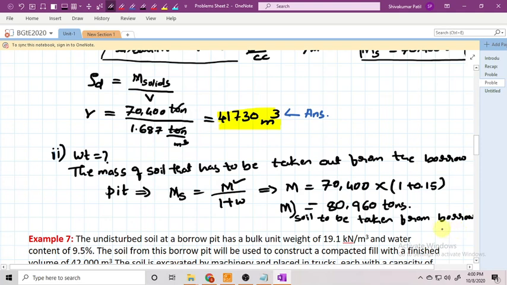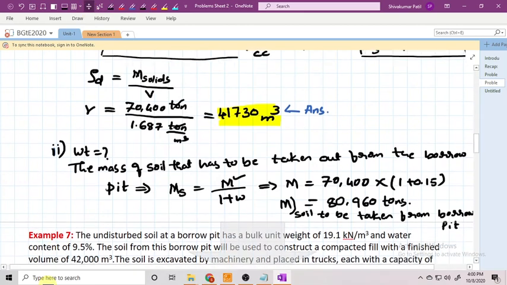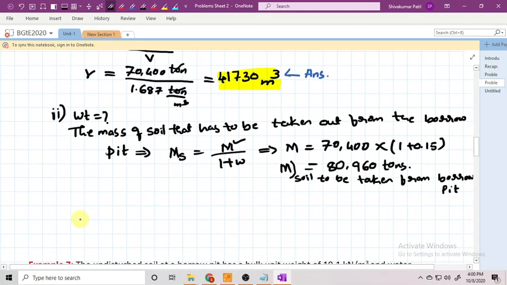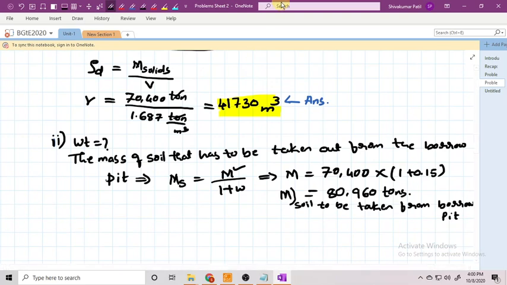Okay, so there is one more quantity they are asking. So this is my second answer, answer of the second part of the question. So this is also an answer.